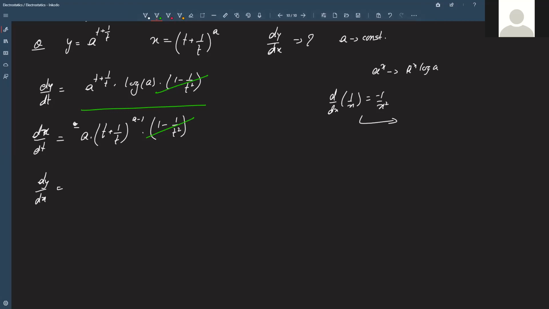So by dividing this, what we have got is that particular thing got cancelled, that is 1 minus 1 by t square, and what we have is just this, a to the power t plus 1 by t into log a divided by a into t plus 1 by t whole to the power a minus 1. This is our answer.